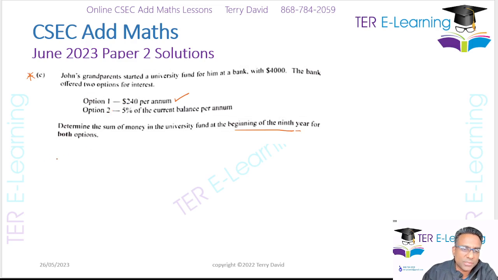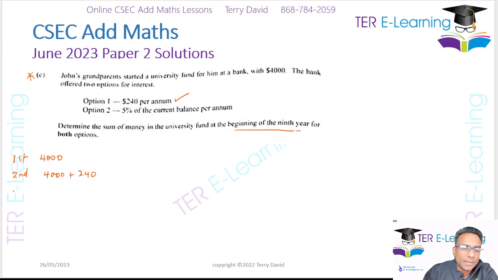So if we start off with $4,000, that's what you're starting off with. Now at the beginning of the second year, what you're going to have is $4,000 plus 240. That's what's happening here. So this here is your first year, that's what it's starting off with at the beginning of the investment.